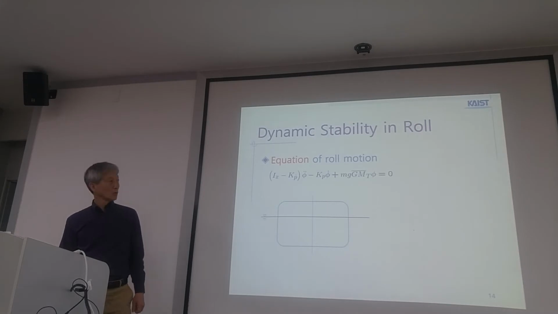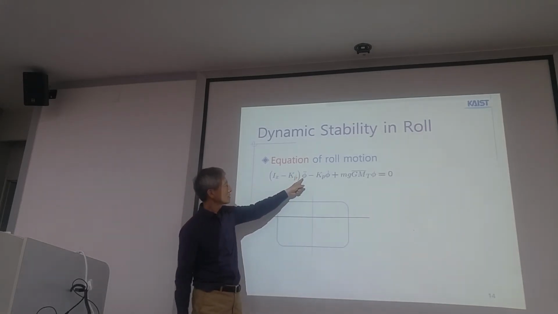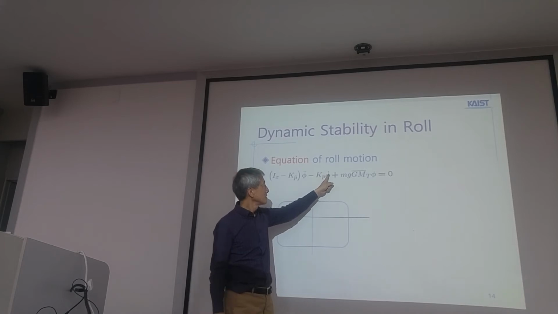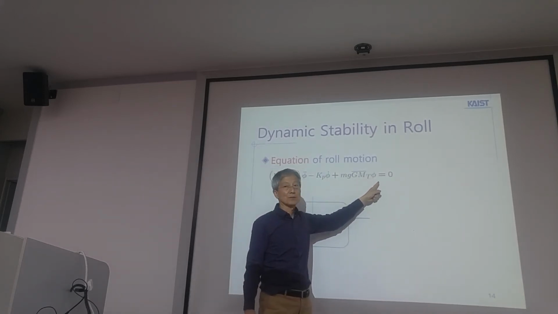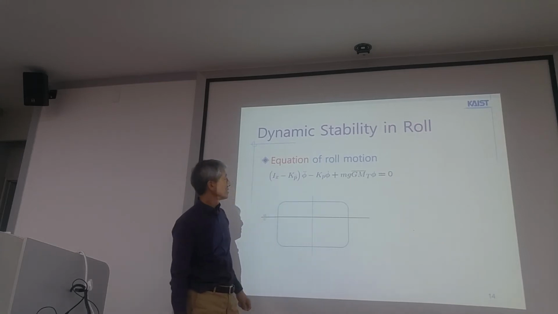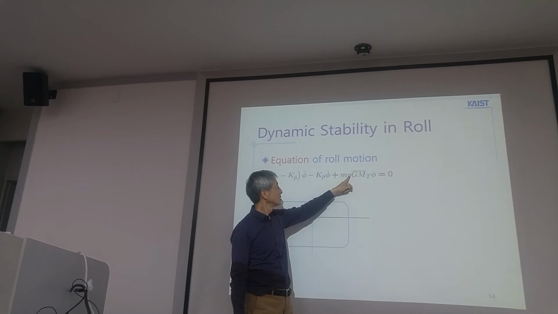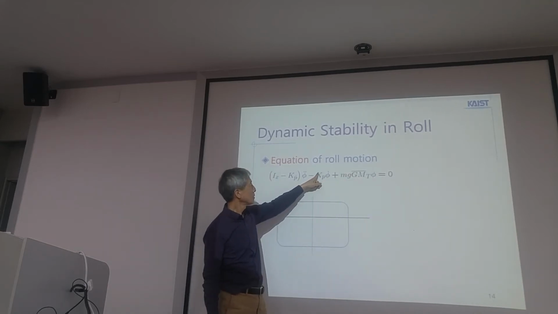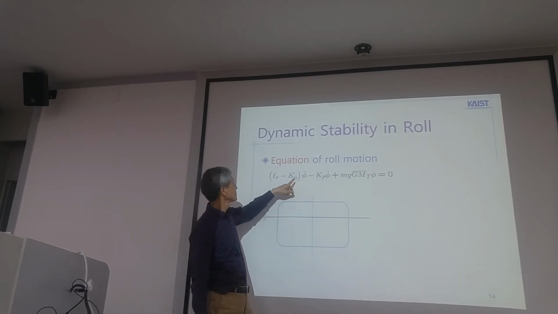Dynamic stability in roll. So you need to have a calculation of angular acceleration. You see, roll is angular motion, right? Acceleration, velocity, angular velocity, and then angular position. And also you see that GM, right? Gravity, acceleration, mass. What is this? This is a damping coefficient, something. Right?